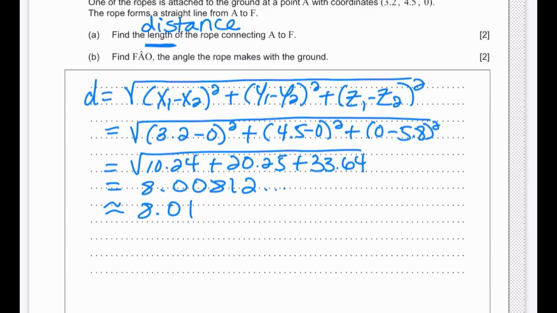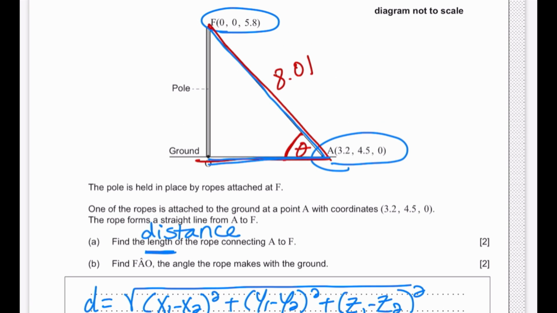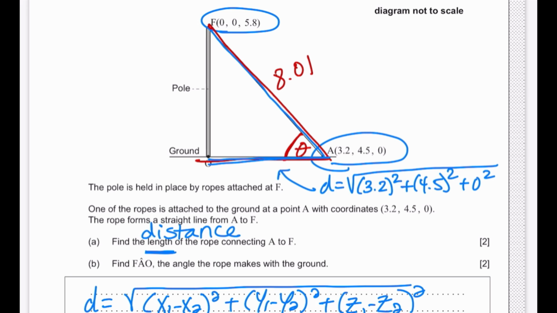So if I were to find this one right here, for example, the distance here is going to be the square root of 3.2 minus 0 squared plus 4.5 minus 0 squared plus 0 minus 0 squared. So this is going to be about 5.52.